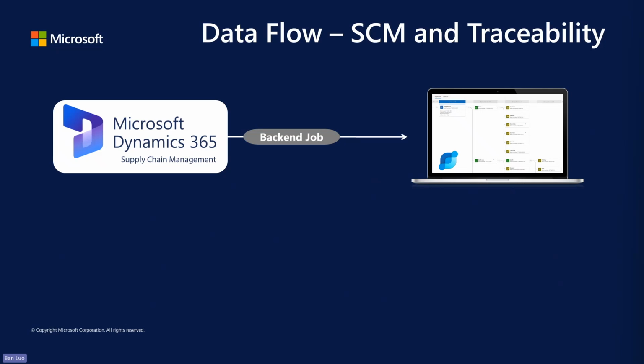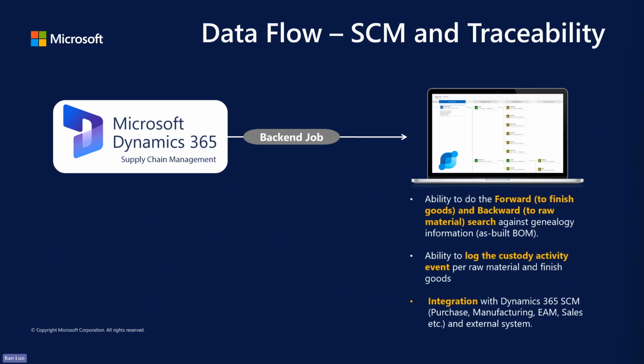It is not intended to replace execution systems like the MES, WMS, and TMS. Those real-time validation logic and error proofing are still kept in those execution systems. It's not included in our traceability feature. That's why we are using the backend process for asynchronous integration.